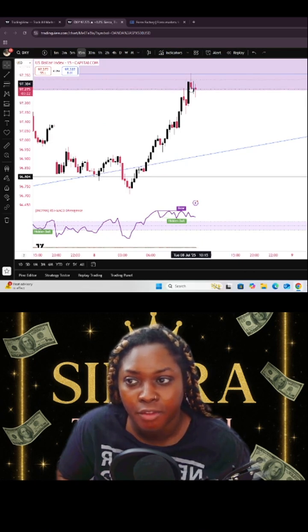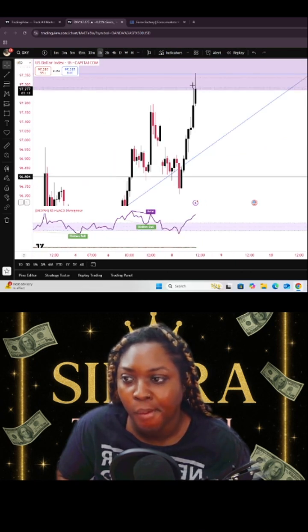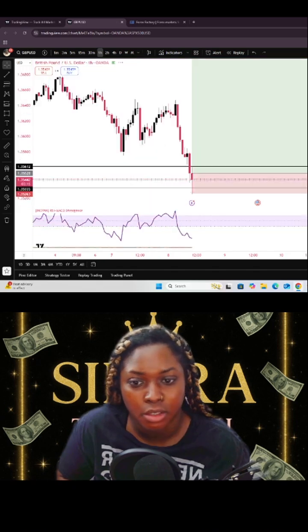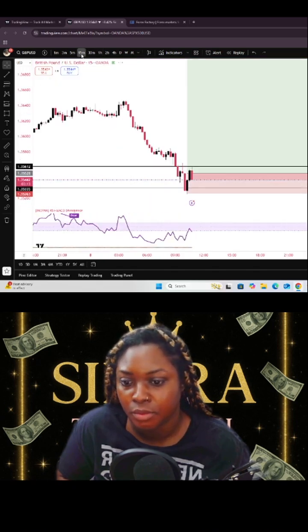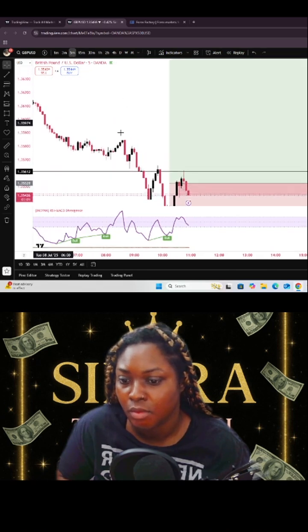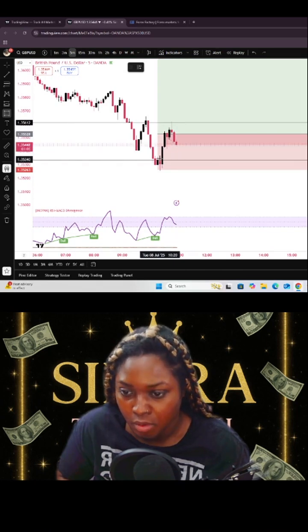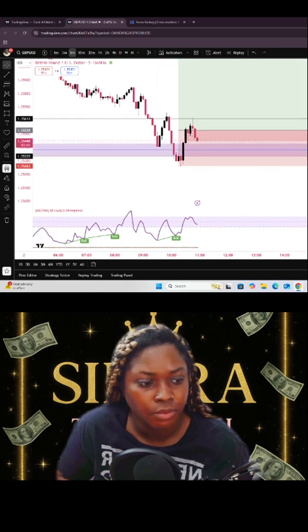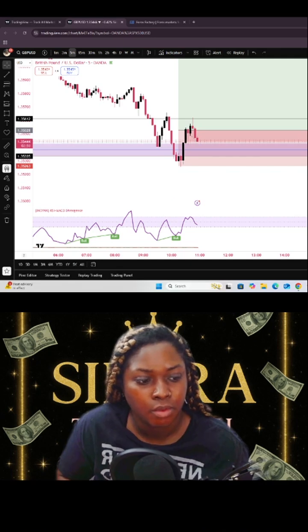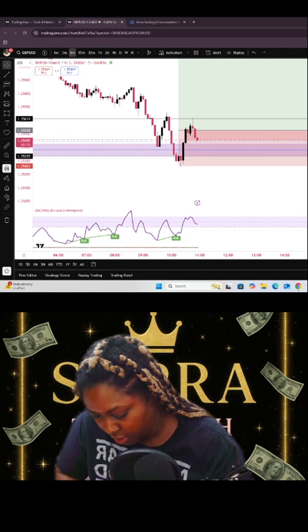Our dollar gave us a pin bar at our zone, so it should still be selling. Let's see what happens on GU here. GBP NZD is still in profit, so just hold that one.